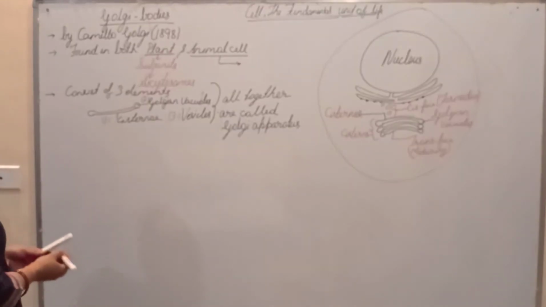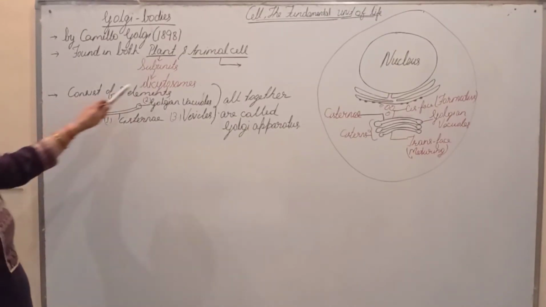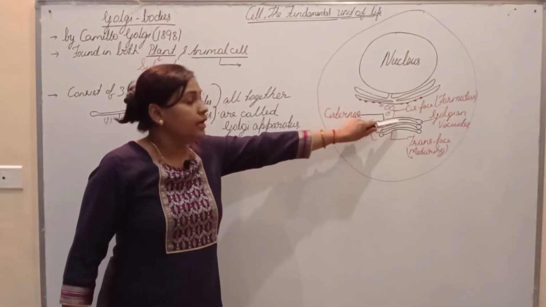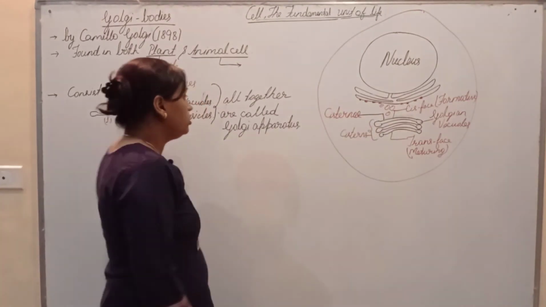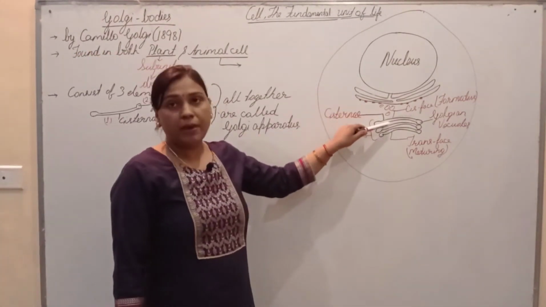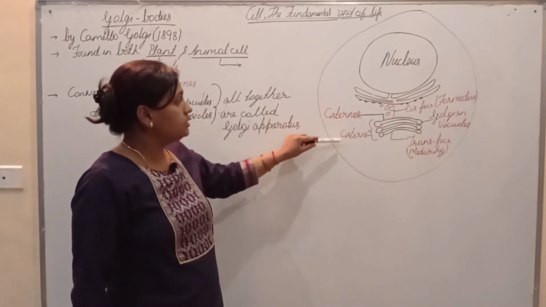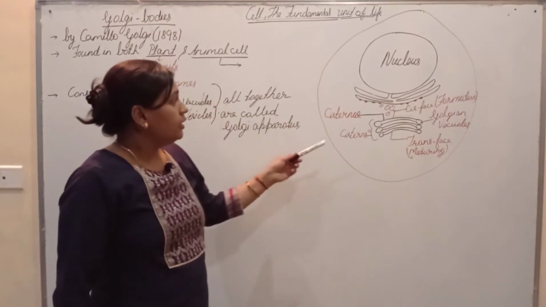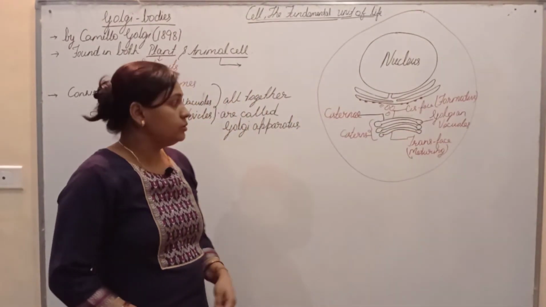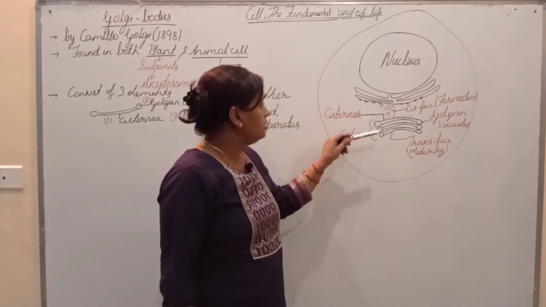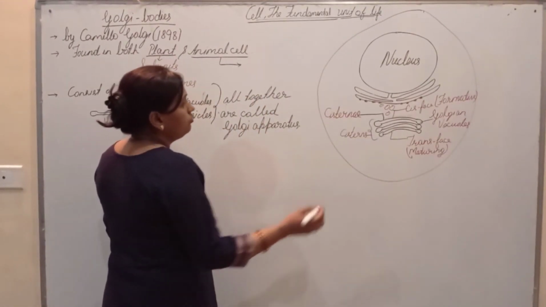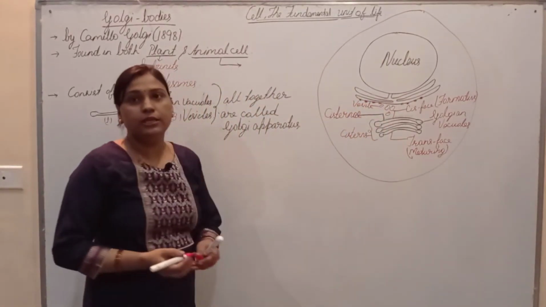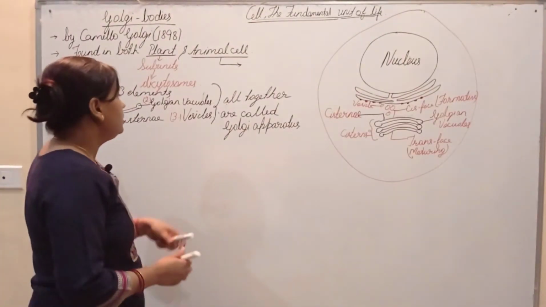So this was the structure of the Golgi body, which is made up of cisternae, flattened sac-like structures kept one over another parallel to each other to form stacks. These stacks are called cisterns, and at both ends Golgian vacuoles are found that help in secretion, and vesicles are also found in this structure. All these three elements combine to form the Golgi apparatus.